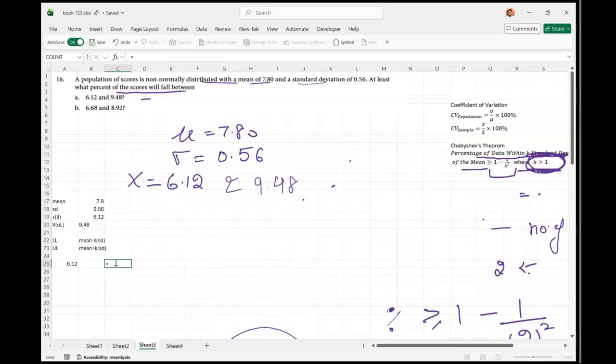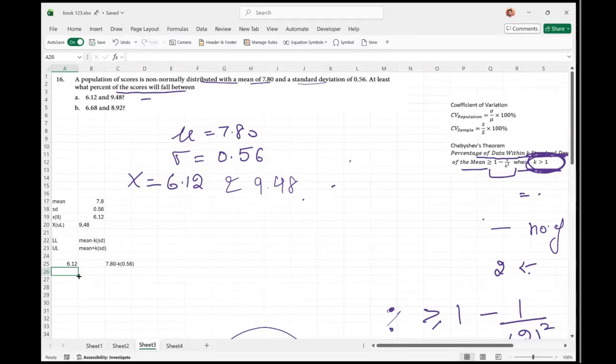So equal to the mean value, which is 7.80, minus k times 0.56. You can keep a pen and paper with you to solve it on paper, and then do the math later on here.